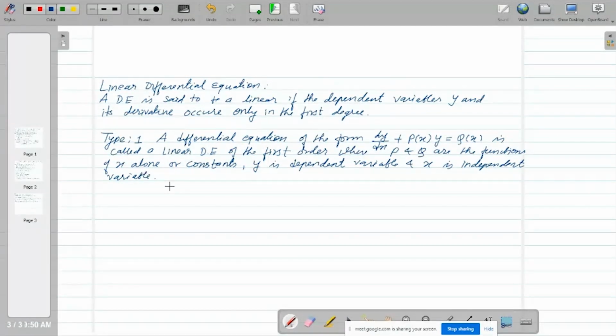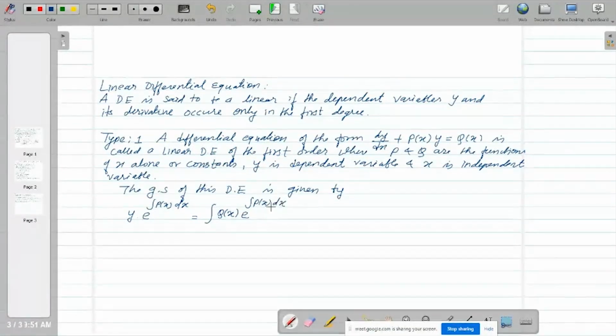Okay, the general solution of this differential equation is given by: y into e raised to integration of P of x dx equals integration of Q of x into e raised to integration of P of x dx, into dx, plus c.